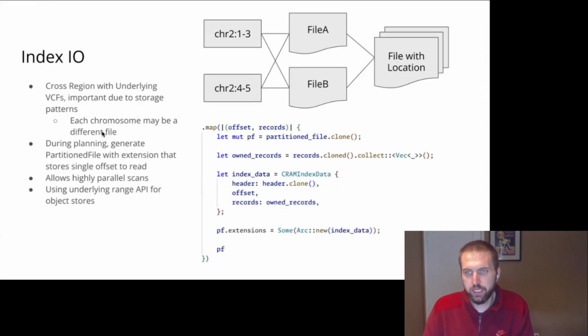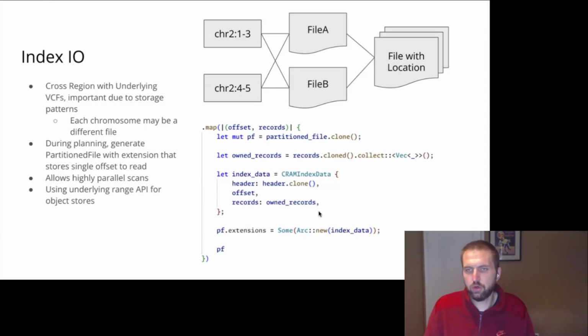But you also want to be able to do predicate pushdowns to search relative to the indexing that I described earlier. The way we achieve that within Data Fusion is this notion of a partitioned file, which is like a location in an object store, but you can attach additional metadata to them.